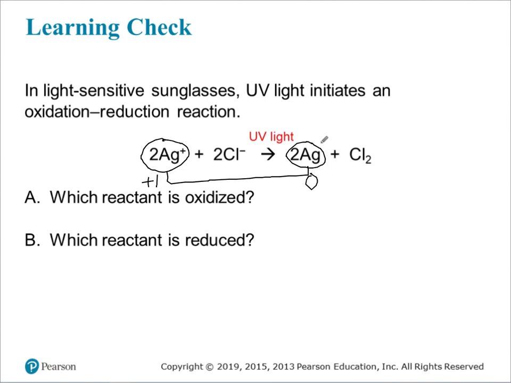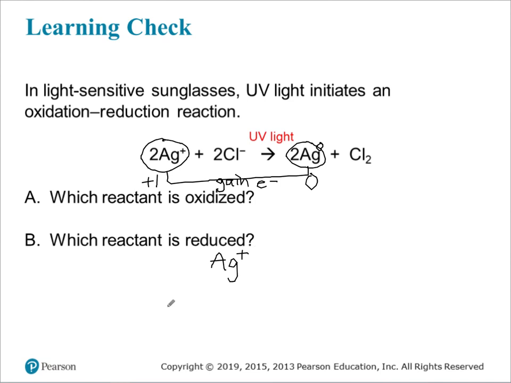If you don't see anything up here, that means you can imply that it's a 0. To go from +1 to 0, we must have gained an electron. Gaining an electron means reduced. So the silver ion was reduced.